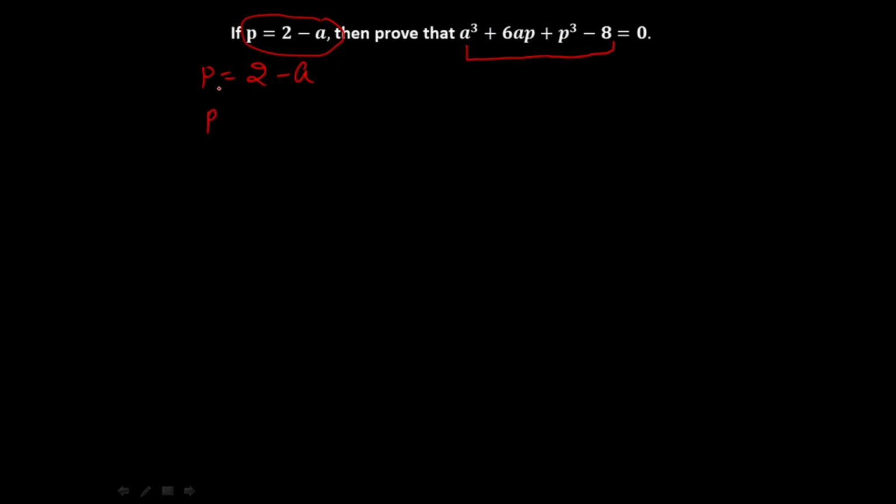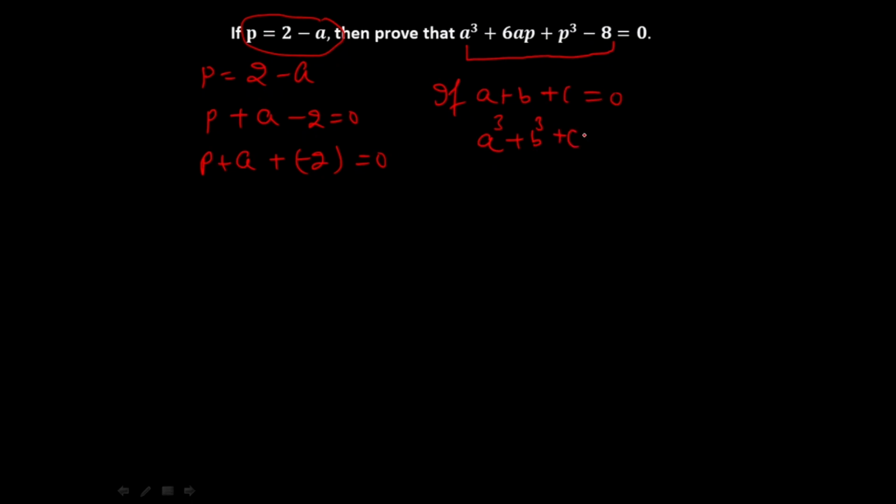Take these two terms on the left hand side. So I will be getting this value. Can I write the left hand side in this way? Because minus 2 plus I'll get minus 2 here. One identity we know: if a plus b plus c equal to 0, then the sum of their cubes will be equal to 3 times their product, 3abc.